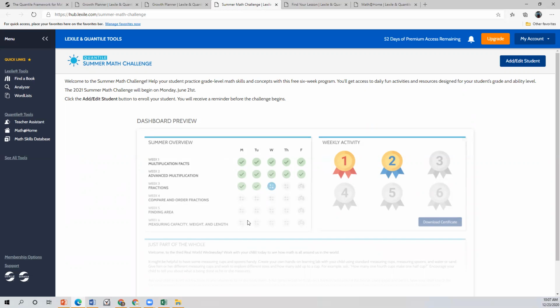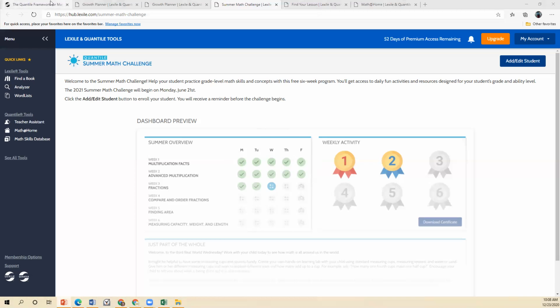The ideal range for students to practice math skills and concepts is 50Q below to 50Q above their quantile measure. So starting June 21st, you would put in your student's quantile measure, and there will be math games for each day of the week for 6 weeks, right in their measure.